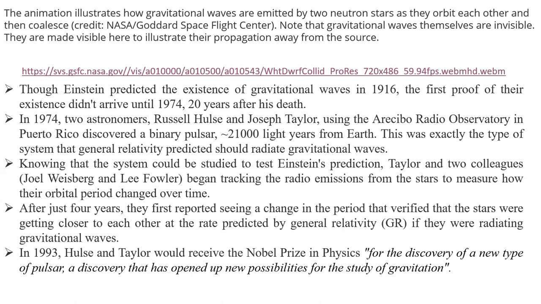In 1993, again after about 20 years, Hulse and Taylor received the Nobel Prize in Physics for the discovery of a new type of pulsar, a discovery that has opened up new possibilities for the study of gravitation. A new type of pulsar, this is the fantastic discovery.